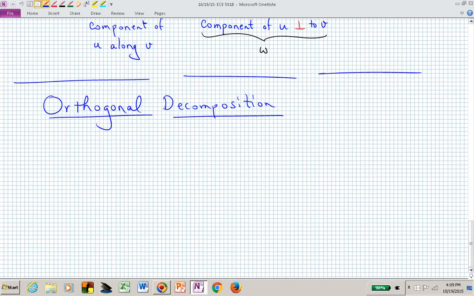Here's the orthogonal decomposition. We're assuming that we're starting with two vectors.